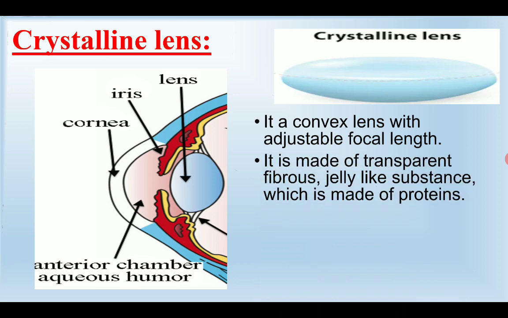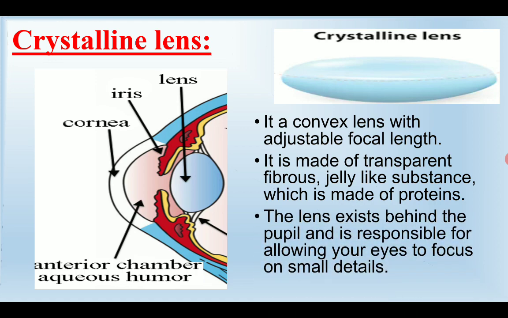This lens is made up of a transparent, fibrous, jelly-like substance made from proteins. The crystalline lens merely provides the finer adjustment of focal length required to focus objects at different distances on the retina.